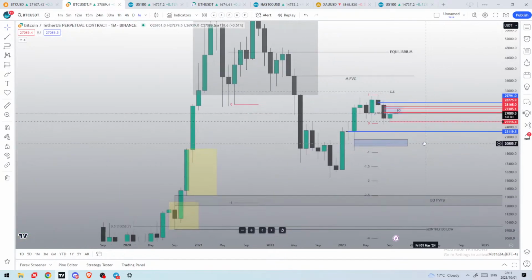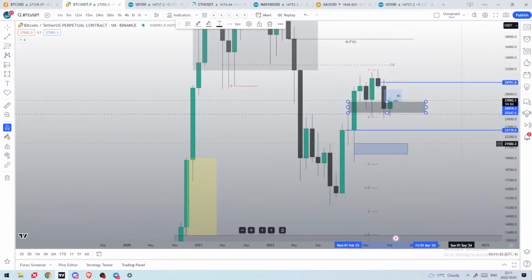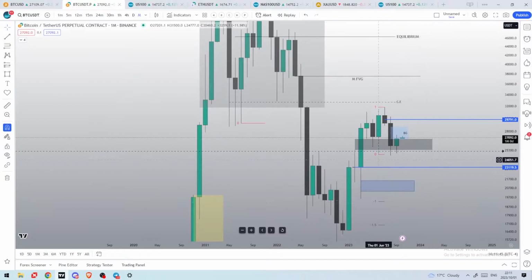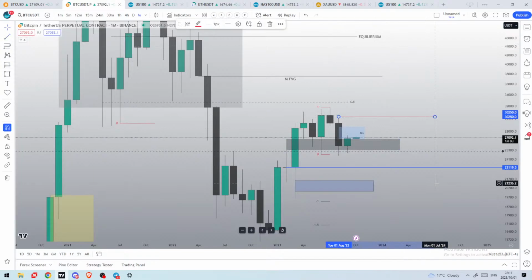BTC monthly. Let's take a look here, right? Still stuck in the FVG here. Not showing any willingness to go lower. Price should, on a monthly level, want to take the liquidity out at this high here. So keep this in mind, 3250.